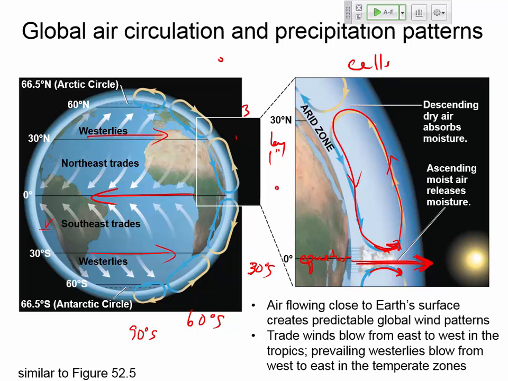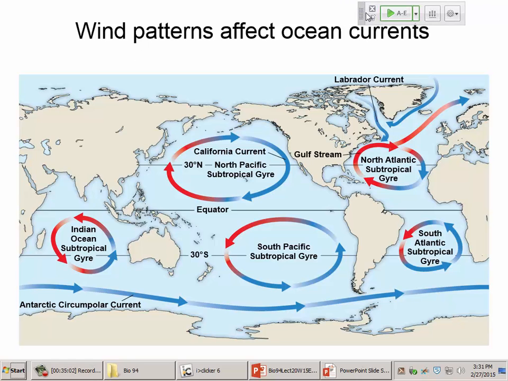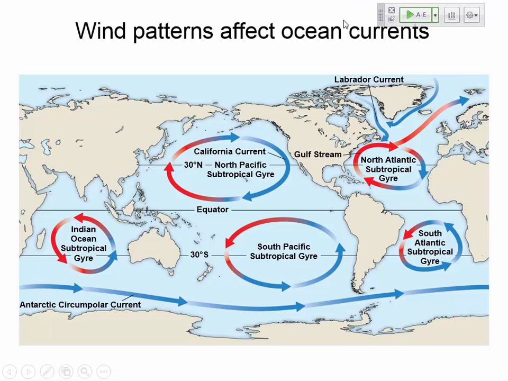You're probably familiar with that. After all, what's our latitude? 34 degrees north, right? And so what's the significance of being around 30 degrees? Well, that's where the edge of the Hadley cell is coming down, bringing dry air.